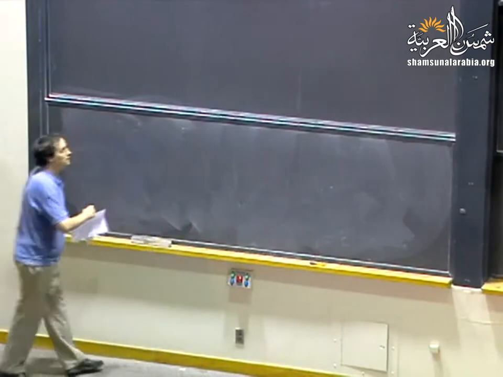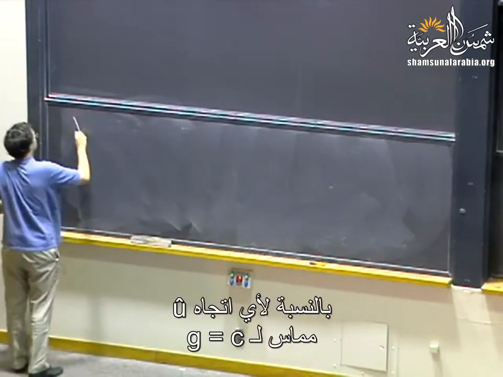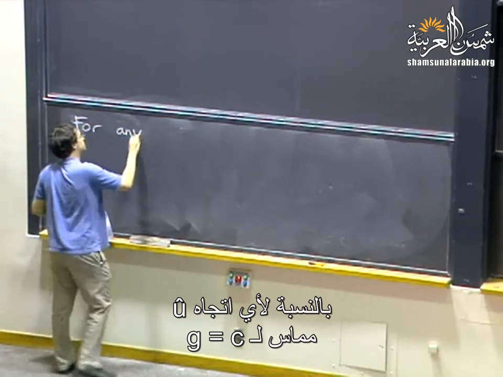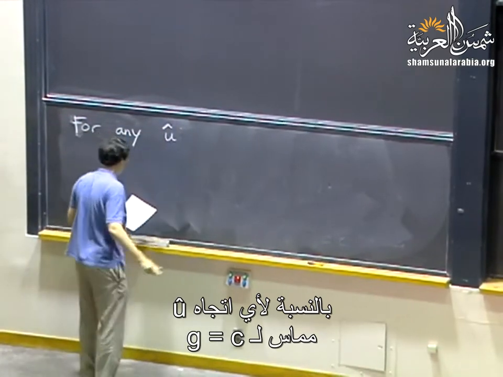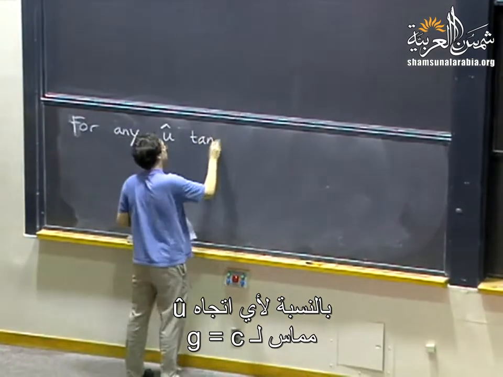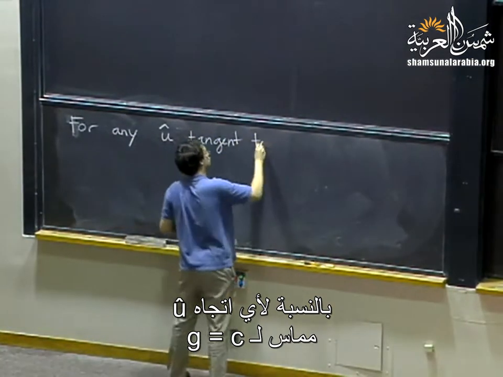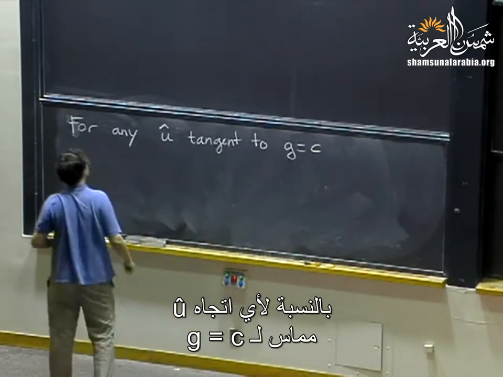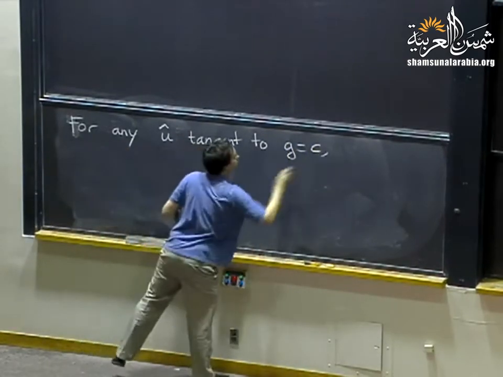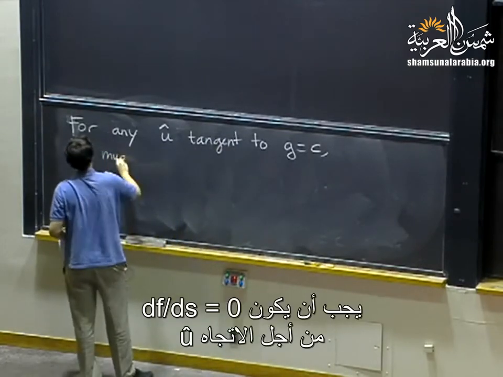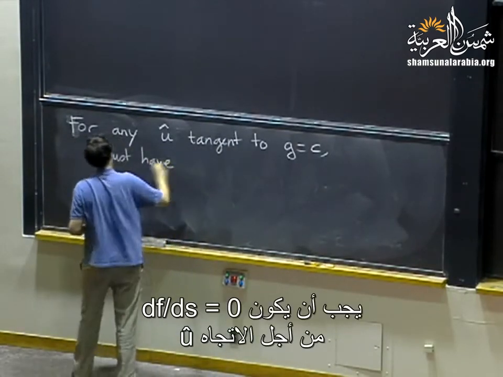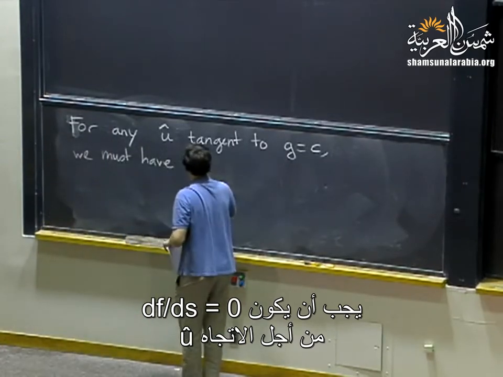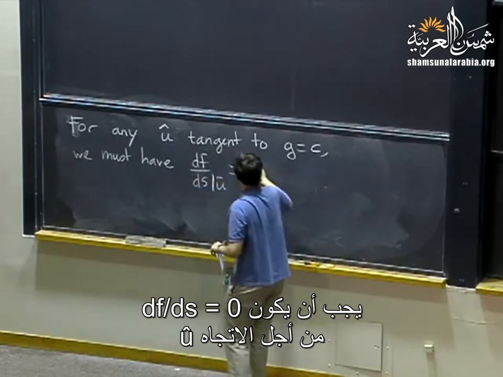For any direction u that's tangent to the constraint level g equals c, we must have df/ds in the direction of u equals 0.